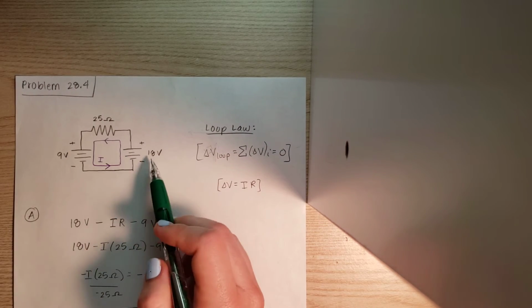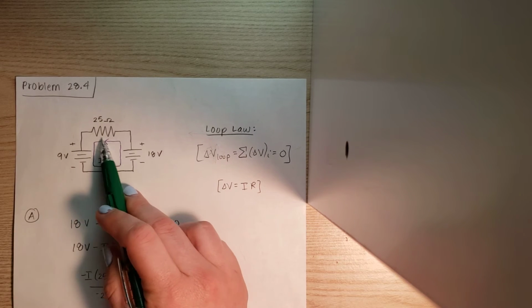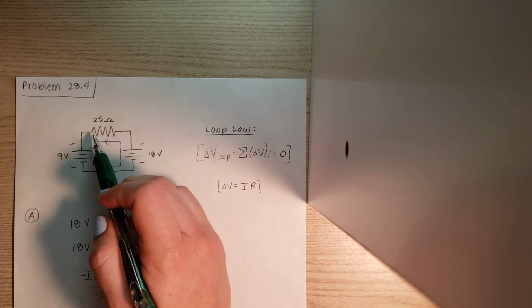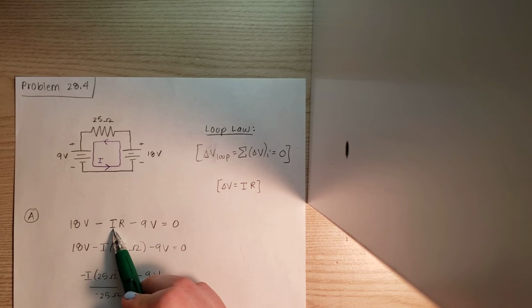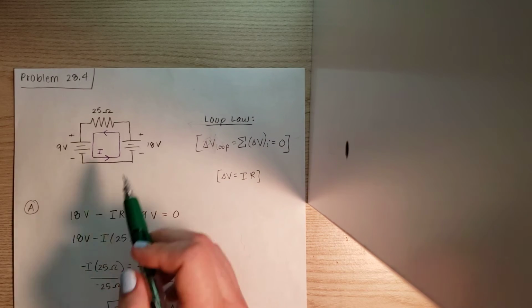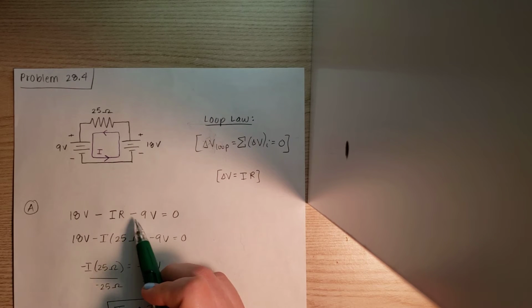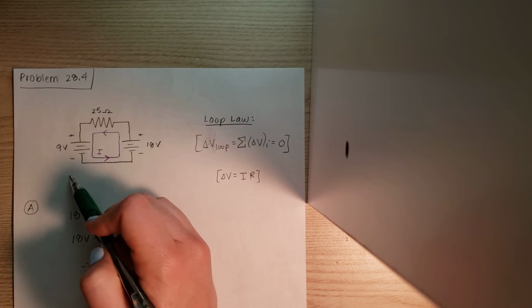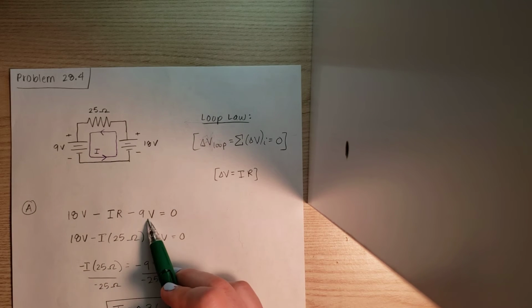Starting off, going around the circuit, we have our 18-volt battery, and then we're going to subtract the potential difference across the resistor because we know we're going to decrease in voltage across the resistor. So subtract that IR, or I times R, and then we're going from positive to negative across this battery, so we're also going to subtract the voltage of that battery.